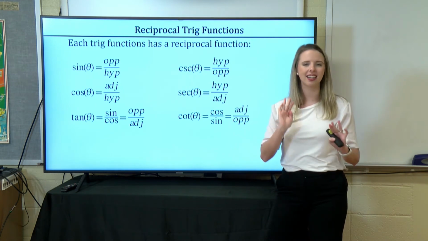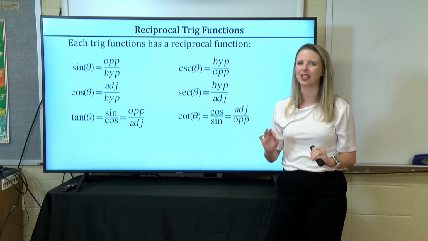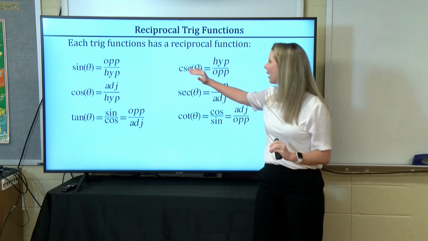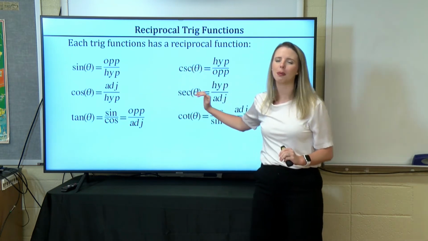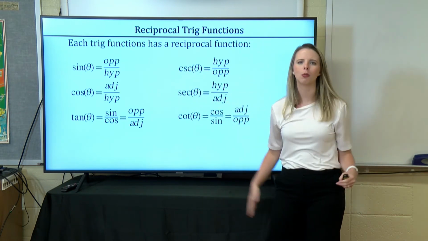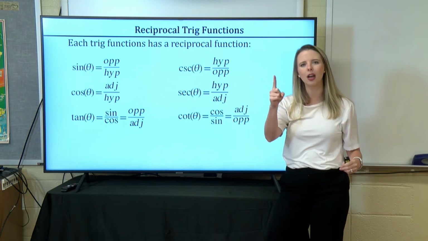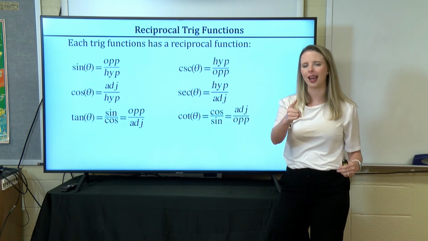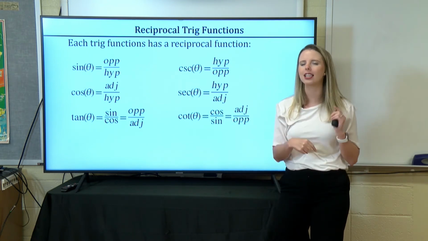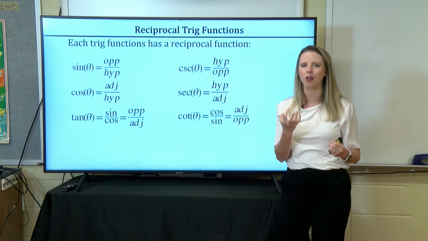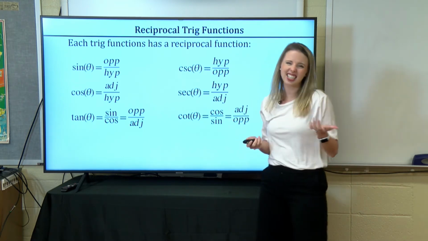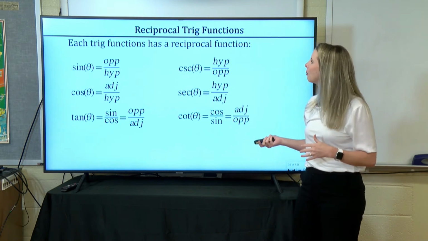Remember that the S cannot go with the S, the C cannot go with the C, all right? Sine's going to pair with cosecant, and cosine's going to be paired with secant. Then tangent will be paired with cotangent. But be aware of that so that you don't create that bad habit of accidentally pairing sine with the wrong function or cosine with the wrong function. It just is a tendency that our brain happens to do.